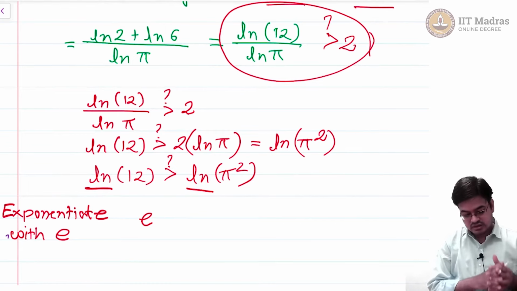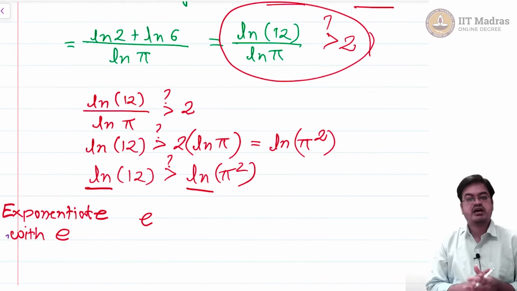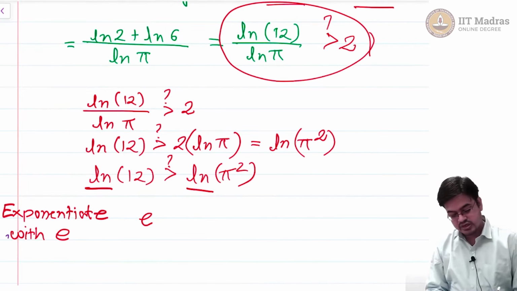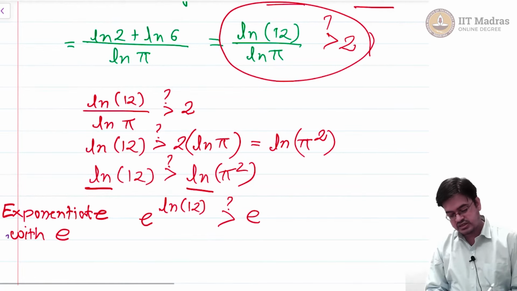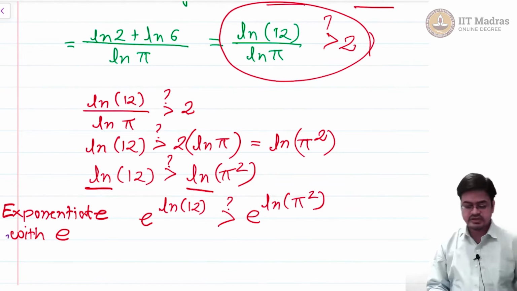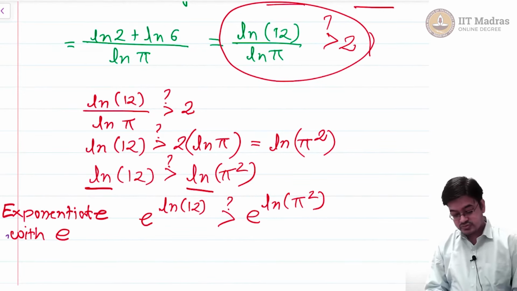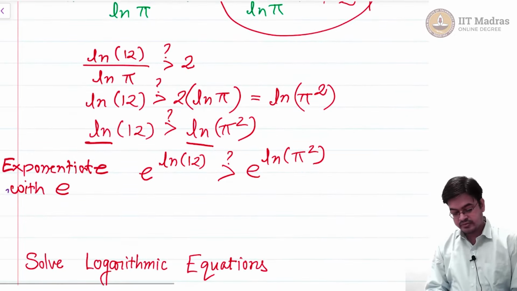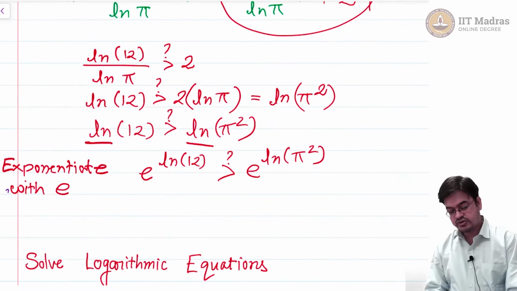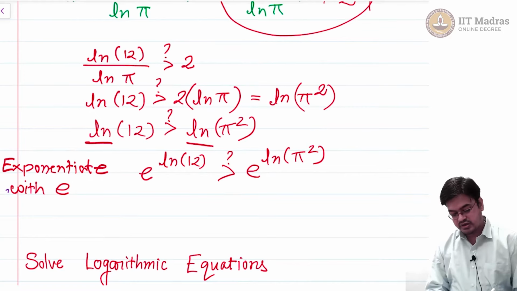So I will have inequalities intact. Therefore, I am checking whether e raised to ln of 12 is greater than or equal to e raised to ln of pi squared. Okay, fine. So now you can simply go ahead and try to solve this particular problem.